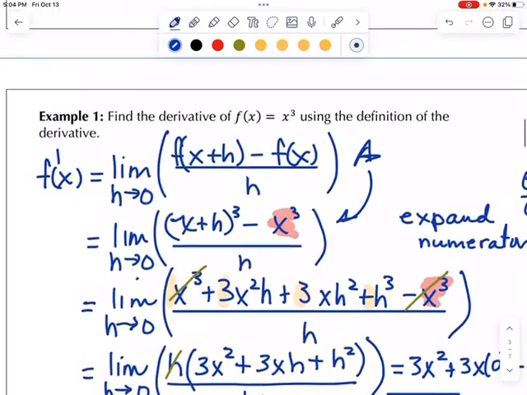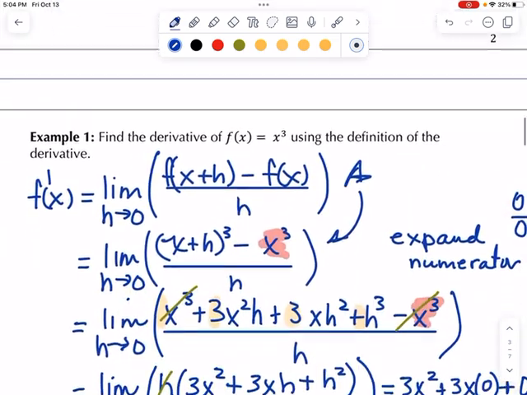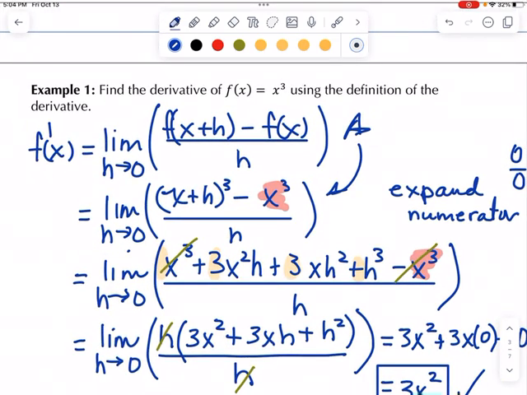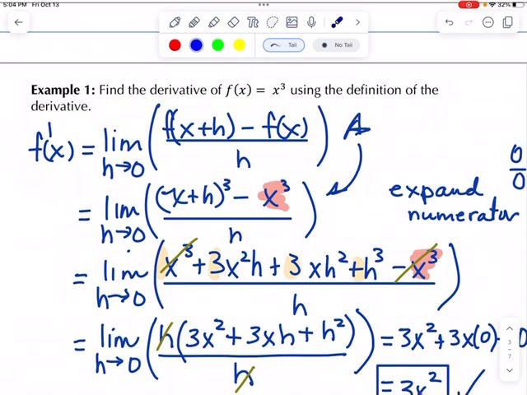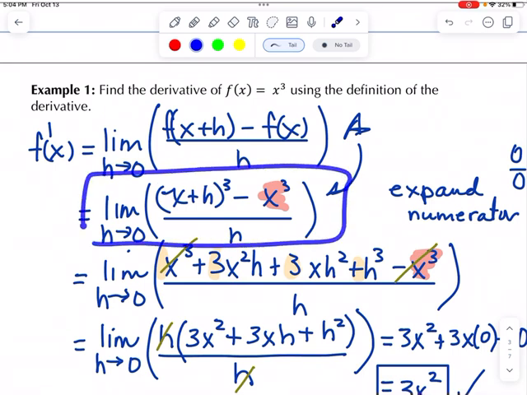Okay, and so you can see that here's our first example. If the function is x cubed, then here's our limit definition. F prime is equal to the limit as h approaches 0. So now we just input our function. You can pause the video at any time. We input our function x cubed, but it's x plus h cubed minus x cubed over h.